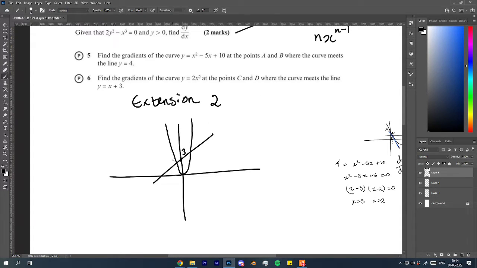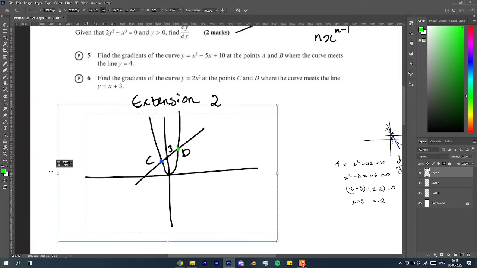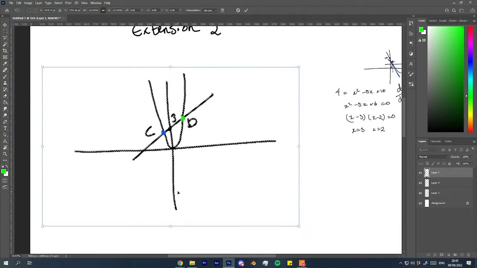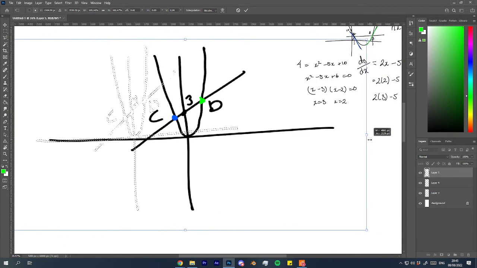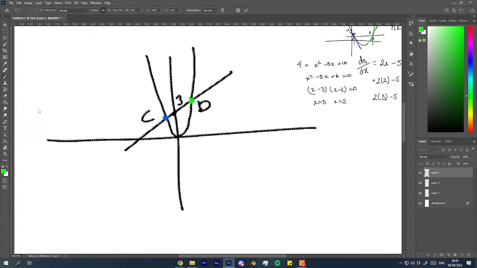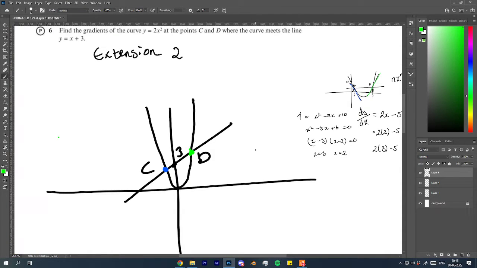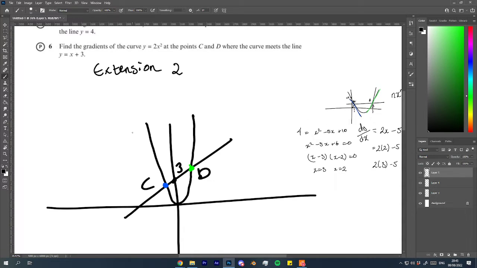Now we have 2 points, C and D. Okay, let's stretch this out, some more space. There we go. We have some more space now. Okay. To work those intersection points out, we can equate them to each other.